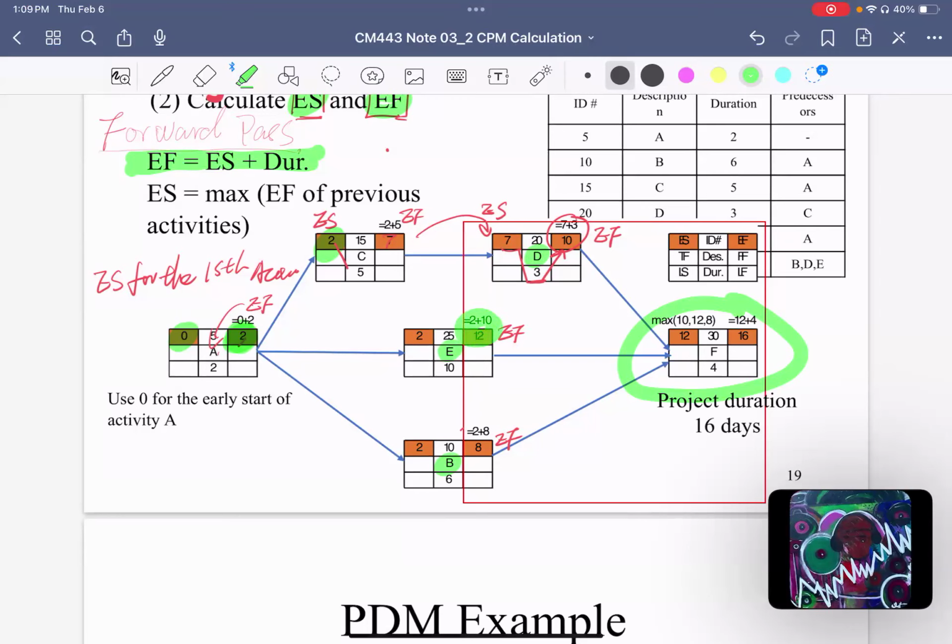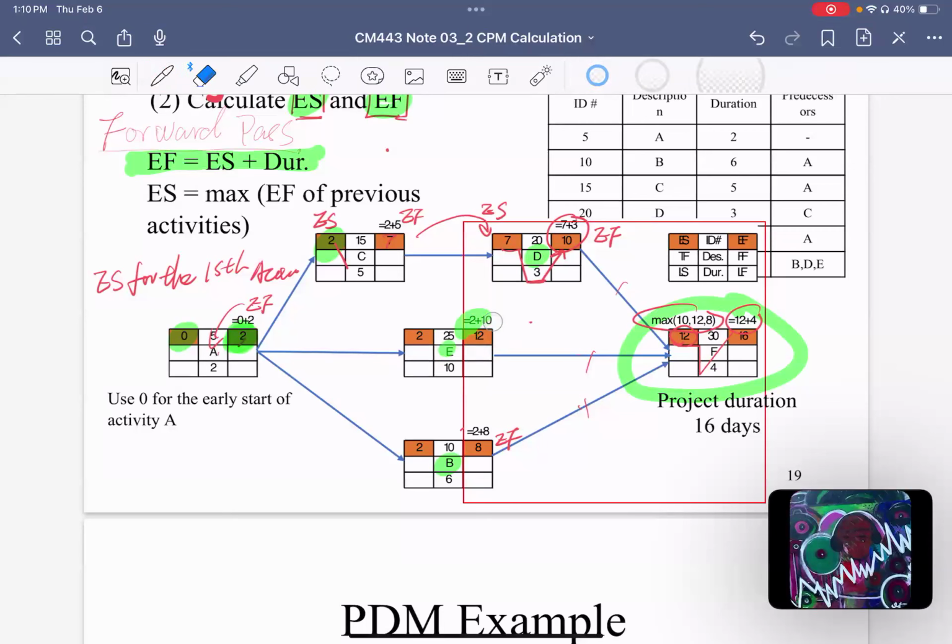The reason we use the maximum here is because we take the latest day. The latest comes from here, 12. Using the formula, we pick those 3 that connect, and the maximum one is 12. So we put 12 here. Once we determine the 12, we add the 4 to get 16.